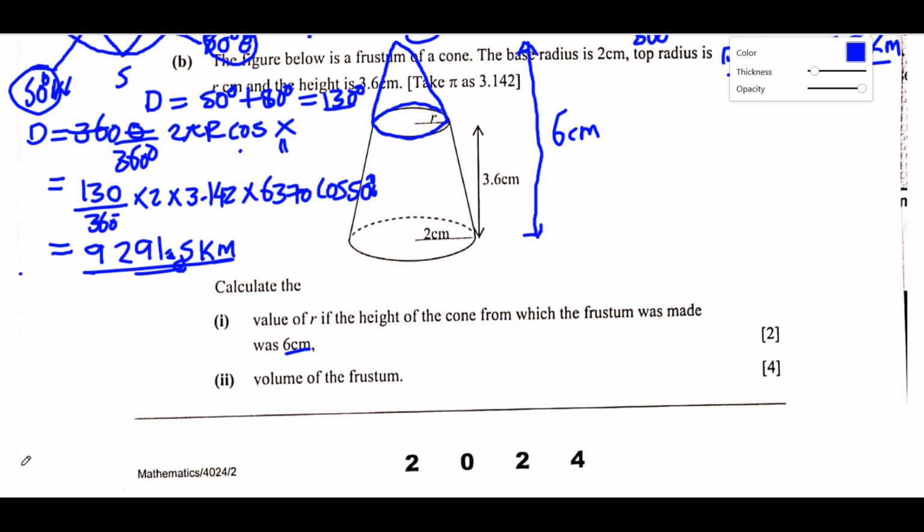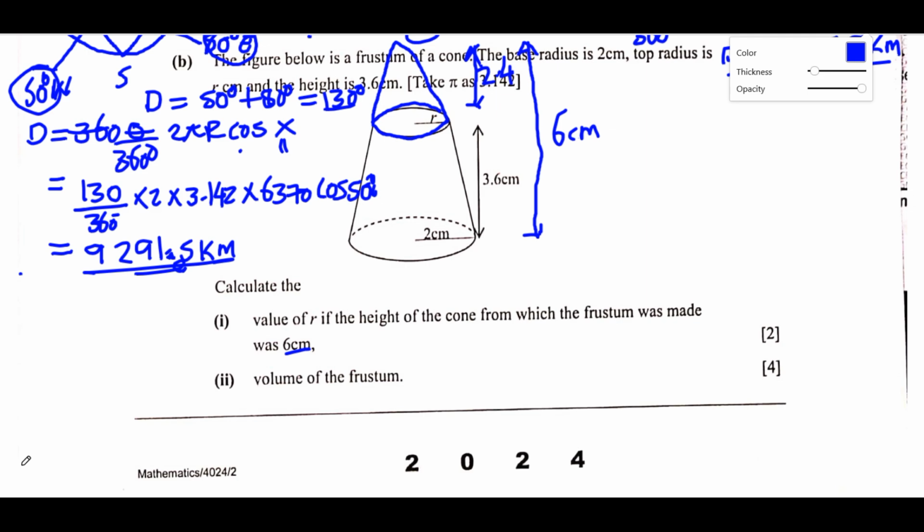If we have the height of the bigger cone, we can find the height of the smaller cone. The height of the smaller cone will just be the difference between 6 and 3.6. So 6 minus 3.6, I'm getting 2.4. So 2.4 is the height of the smaller cone.